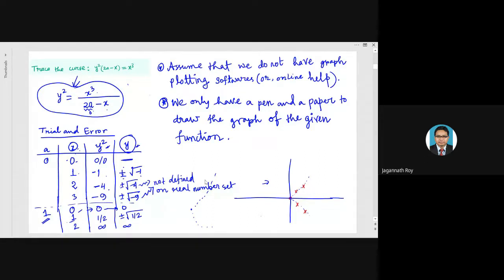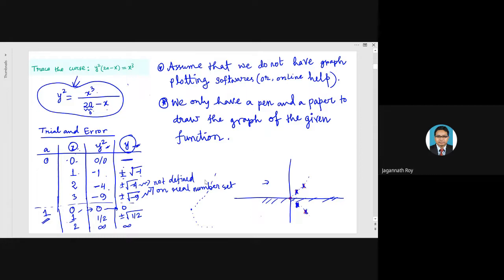So if you plot here, the reflection point will be there. If you put a mirror on the x-axis, then for each value of x you get two values of y.